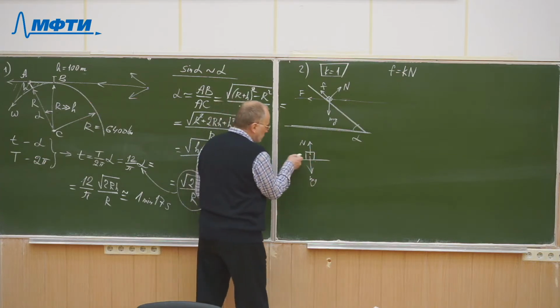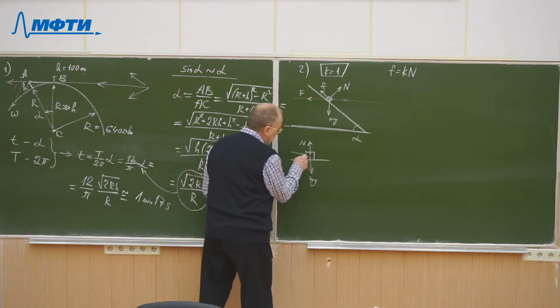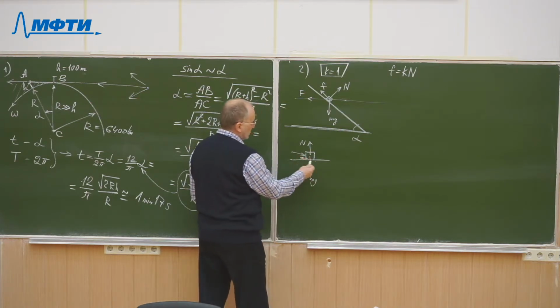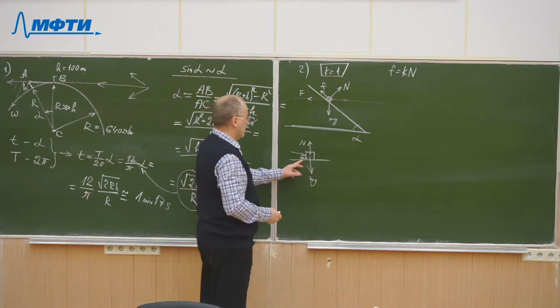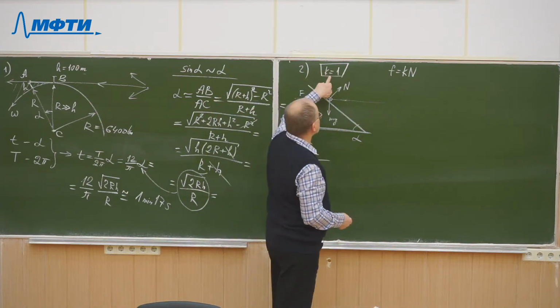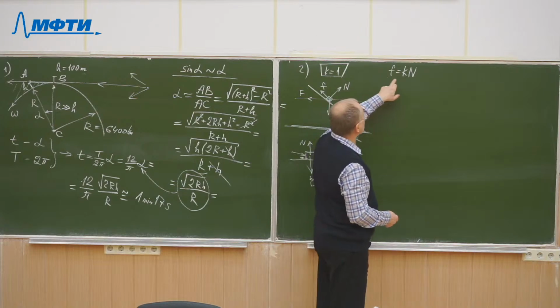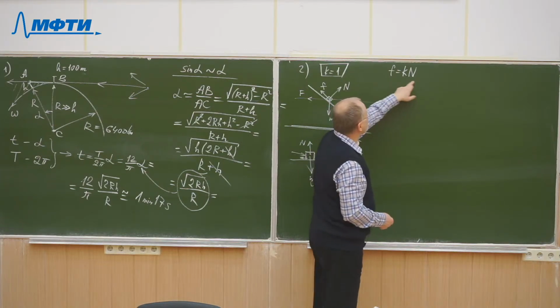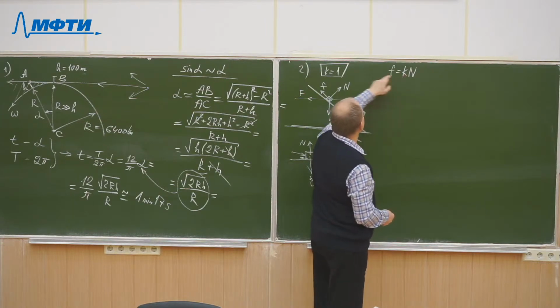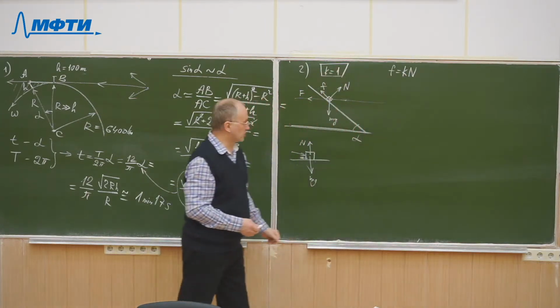The force of friction may appear if we try to push this body sideways. Then the force of friction will be somewhat larger than 0. How large can the force of friction be? That is the largest possible magnitude of the force of friction if we substitute here the largest possible coefficient of friction.